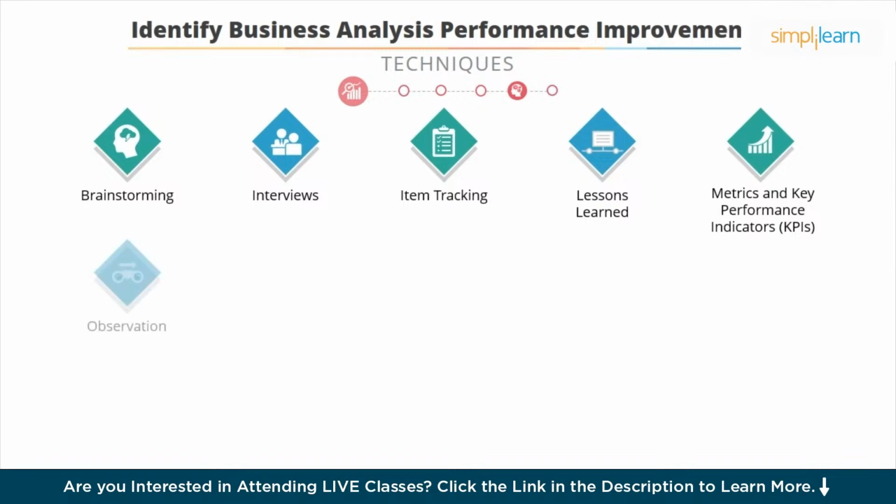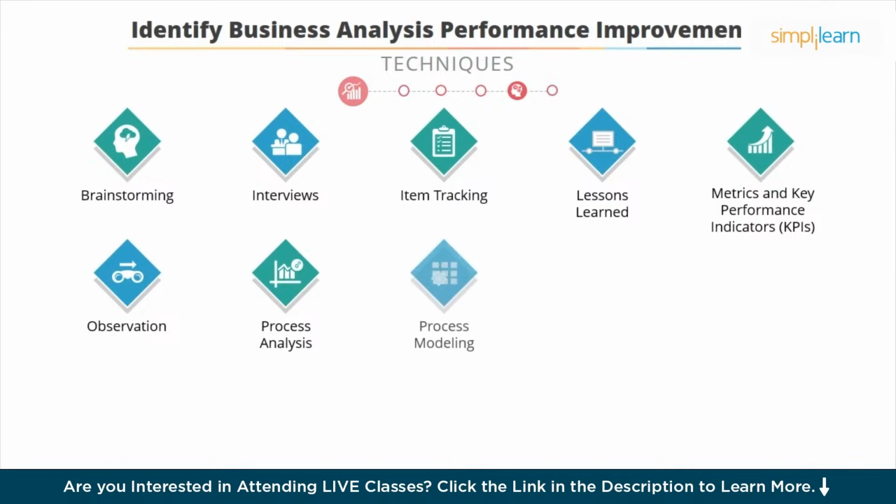And observation is used to understand the current state. Process analysis is used to analyze the existing business analysis process and identify improvement opportunities. The process modeling technique is used to define the business analysis process. Reviews are used to identify changes to business analysis processes and deliverables. Risk analysis and management is used to identify potential events which might impact business analysis work.